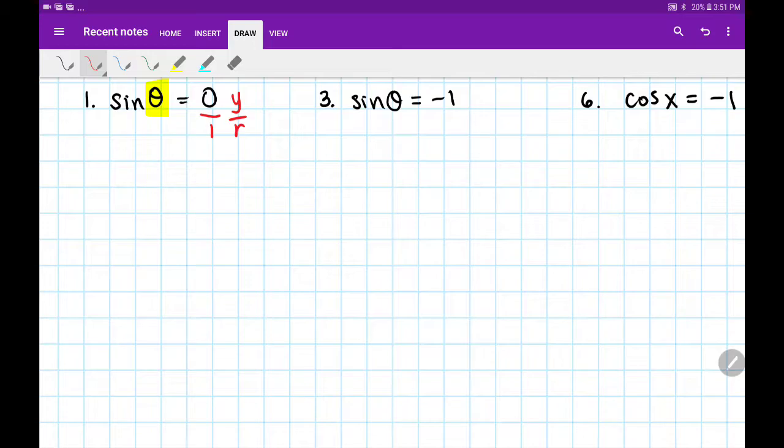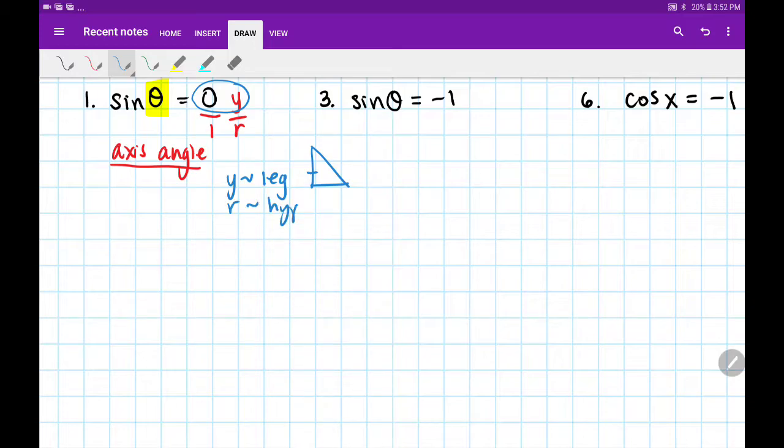And now it becomes clear that this is actually an axis angle. I'm going to mark it. Axis angle. Think about what this means. If y is 0, so remember, y is one of the legs on a right triangle, and r is like our hypotenuse.